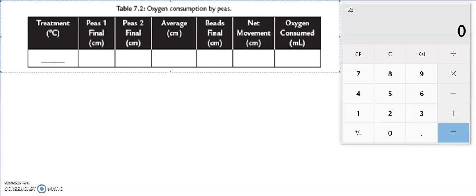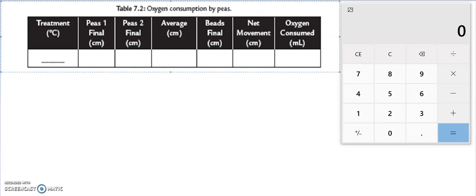So now what we need to do is to find a way to measure how much oxygen is actually used by these peas. And that can be directly correlated to how much cellular respiration that these peas can actually do. So in this experiment, you are going to be testing to see if peas go through more cellular respiration in a warm room temperature environment or in an iced environment.